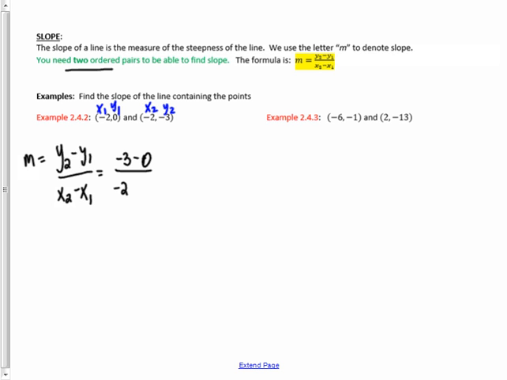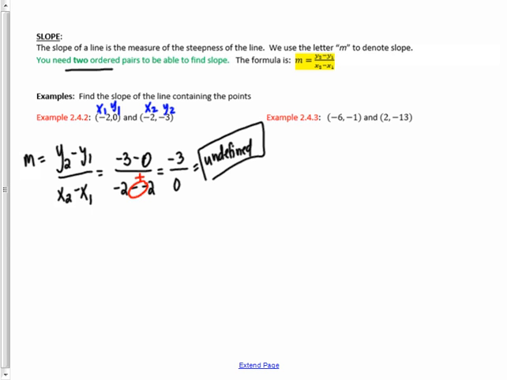X2 is a negative 2 minus x1, which is another negative 2. So I end up with negative 3 over, that changes to negative 2 plus 2. What do you get? 0. Your number 1 rule in math is you cannot divide by 0. So can you do this? You're just going to say undefined or no slope, which we'll talk about in a minute.